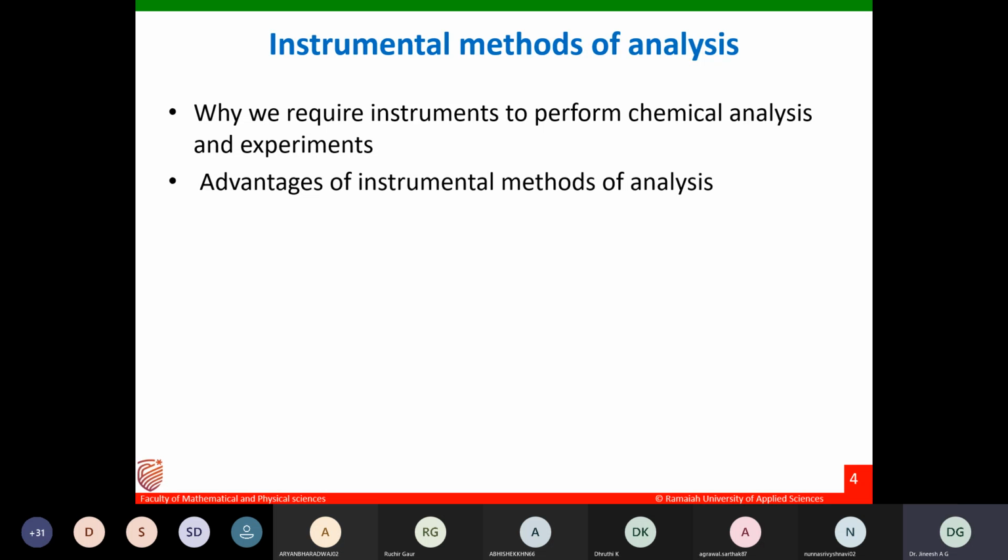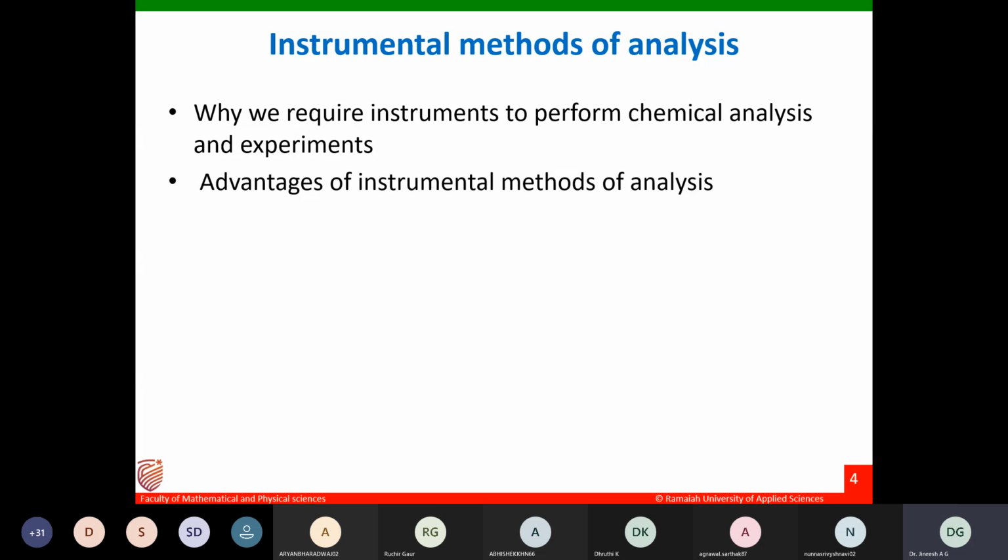Yes, sir. Same thing, and the time that you require to perform an analysis using an instrument is much lower compared to volumetric analysis. I will give you an example. You can estimate the concentration of an acid or an alkali using a simple acid-base titration that you have performed in your PUC lab.